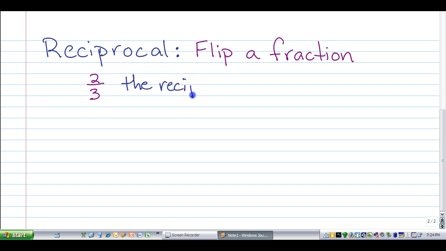The reciprocal is 3/2. You flipped it. You put the numerator where the denominator is and the denominator where the numerator is. And that's all you do for a reciprocal. A reciprocal is just a flipped fraction.